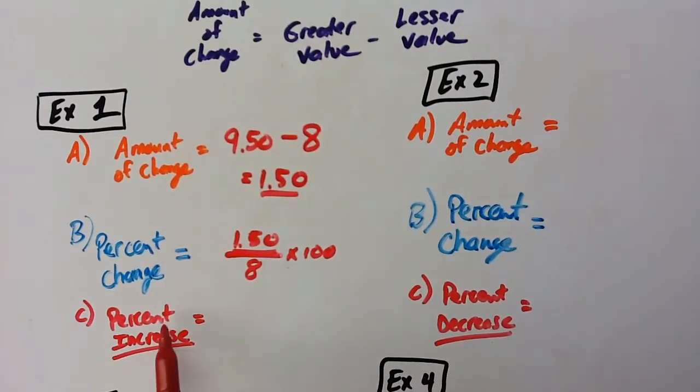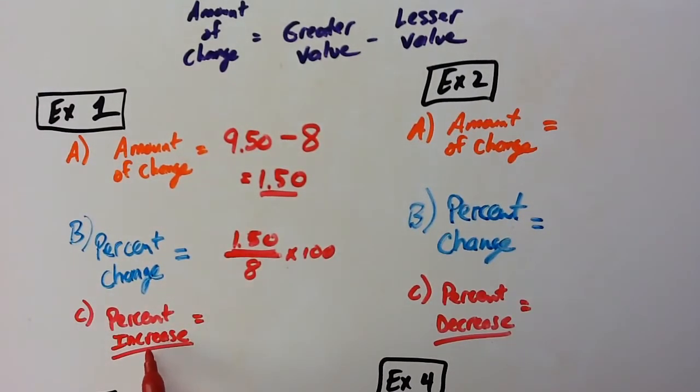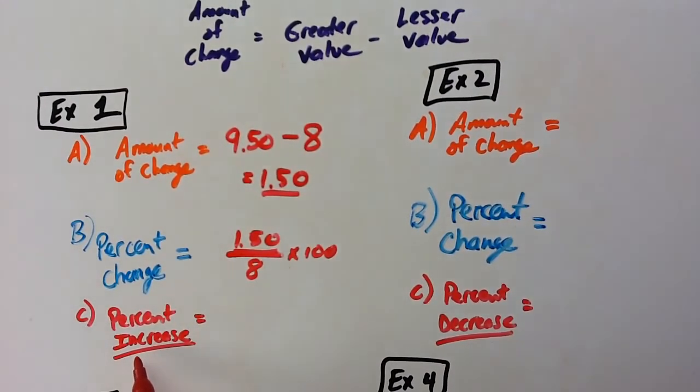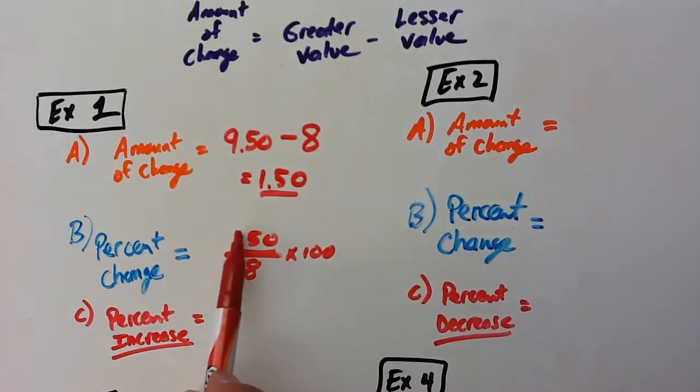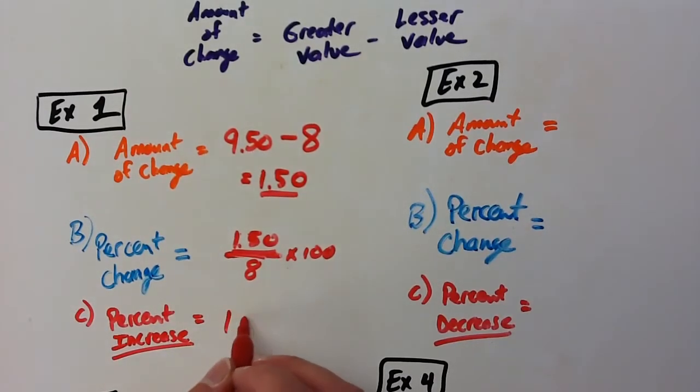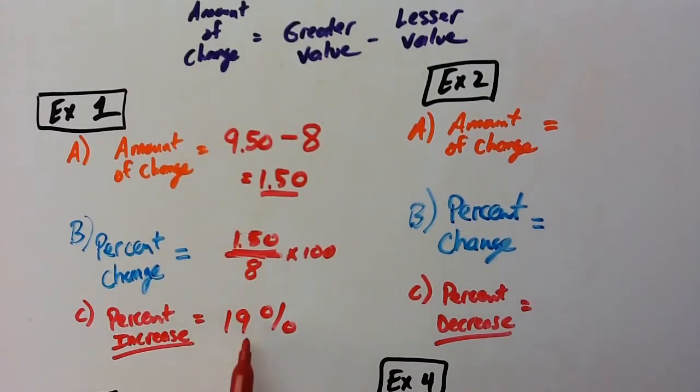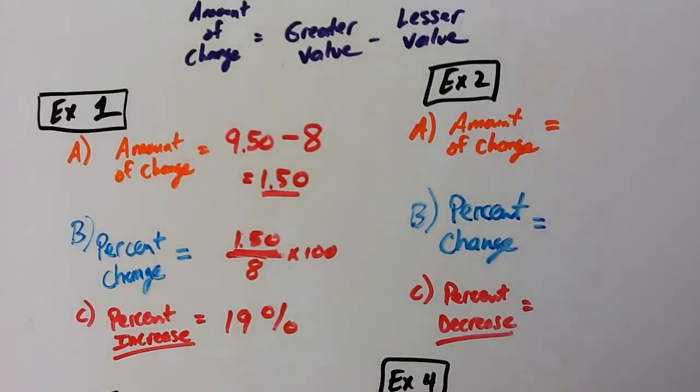This is a percent increase because our amount is increasing. Rounded to the nearest whole percent, $1.50 divided by 8 times 100 is 19%. So the percent increase is 19%.